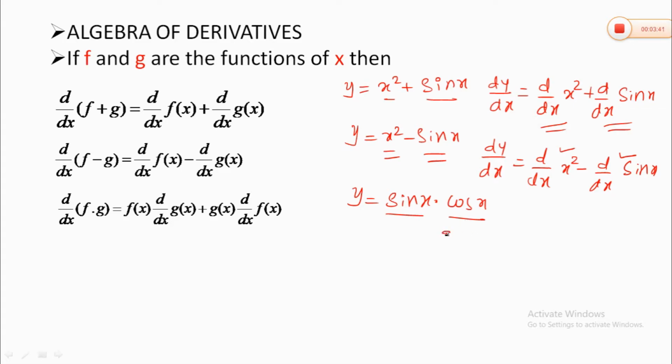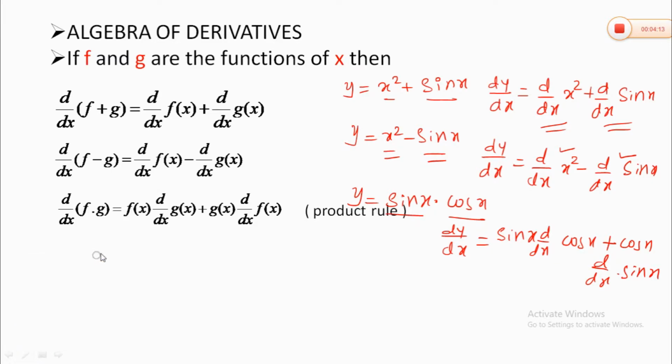So therefore dy by dx of this equal to sin x dy dx of cos x plus cos x dy dx of sin x. So like that, (ax plus b) into (cx plus d), all these are of f into g type.